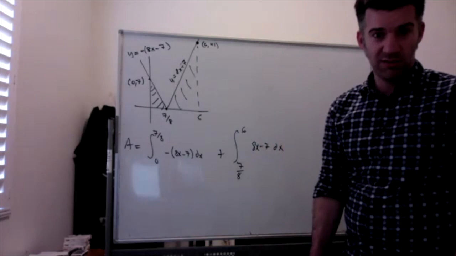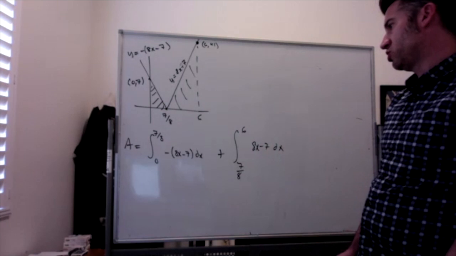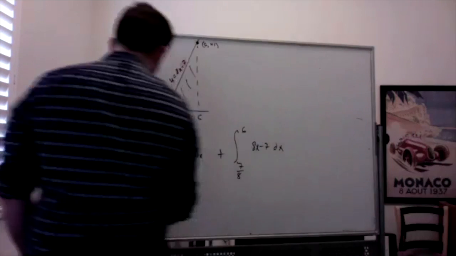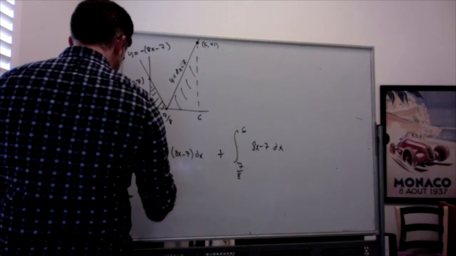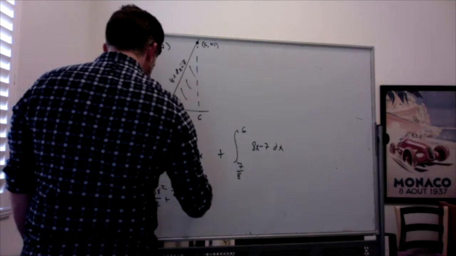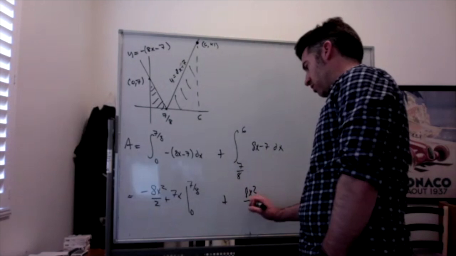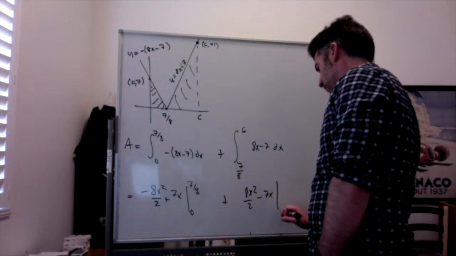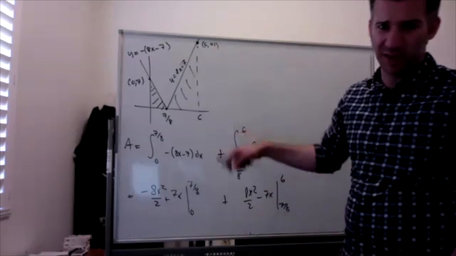Well, that seems terrible. So then we would just do the thing, right? You would get negative 8x squared over 2 plus 7x from 0 to 7/8, plus 8x squared over 2 minus 7x from 7/8 to 6. You don't want to do this. You want to do it the other way.